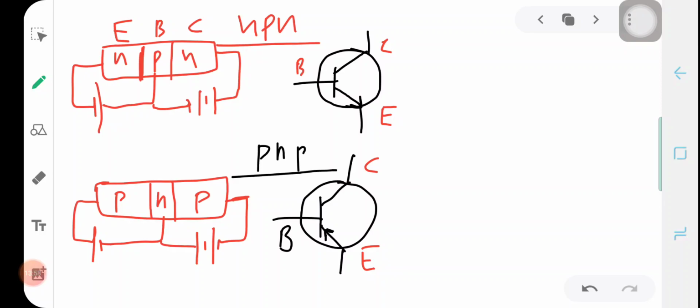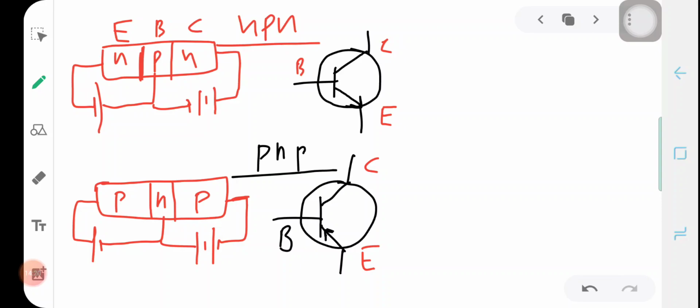So remember the transistor symbols. NPN and PNP are distinguished by the direction of the arrow mark on the emitter. The emitter and collector are distinguished in such a way that there will be an arrow mark on the emitter. The base is always in the middle of the three terminals.